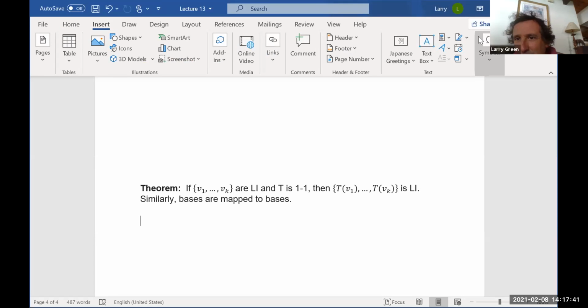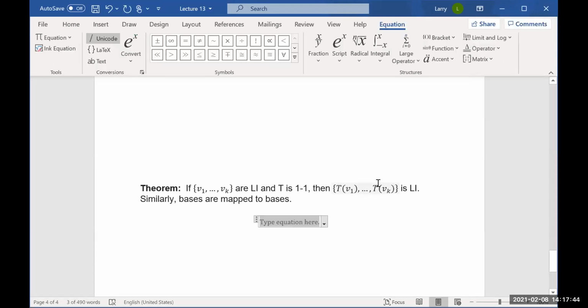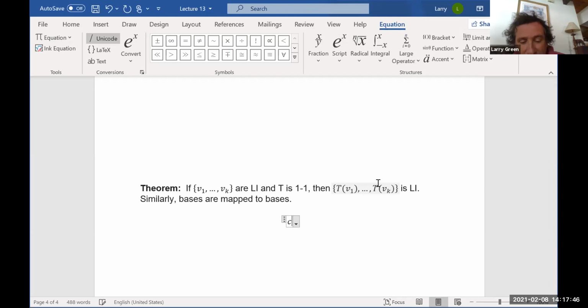So let c1 T of v1 plus c2 T of v2 plus ... plus ck T of vk equal 0. Whenever you're trying to prove something's linearly independent, you start there.